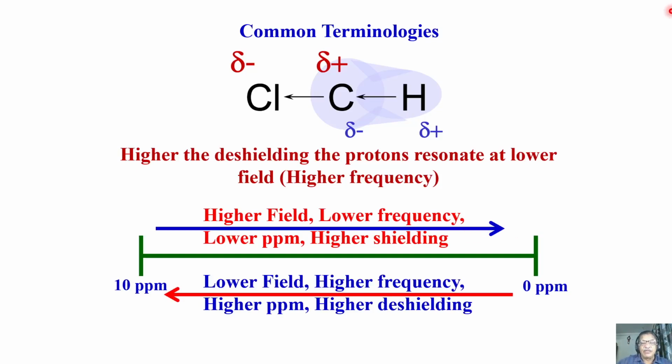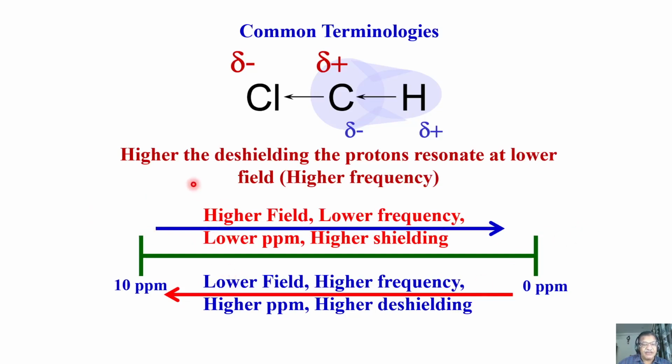Everything is the same, only things get reversed. Now, from 0 ppm, if you come towards 10 ppm, reading the spectrum from right to left, you are moving towards lower field, higher frequency, higher ppm, and higher de-shielding. Exactly the reverse of what you read going from left to right.